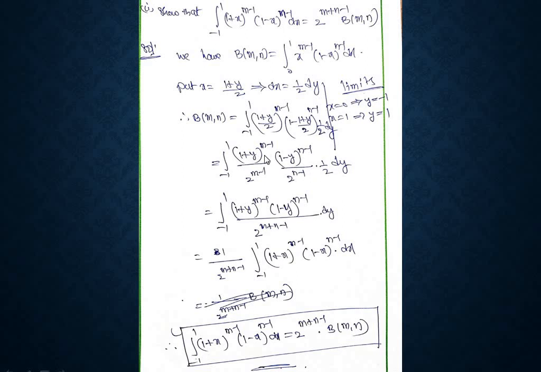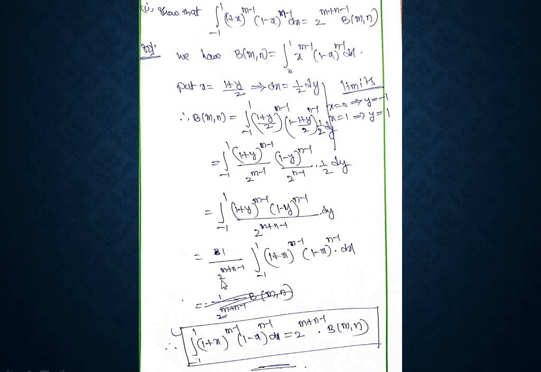So now in the numerator we have (1 plus y) power m minus 1 and (1 minus y) power n minus 1. If we add the denominator powers, 2 power m minus 1, 2 power n minus 1 and 2 power 1, put together that is 2 power m plus n minus 2 plus 1, so minus 2 plus 1 will become minus 1. Clear?